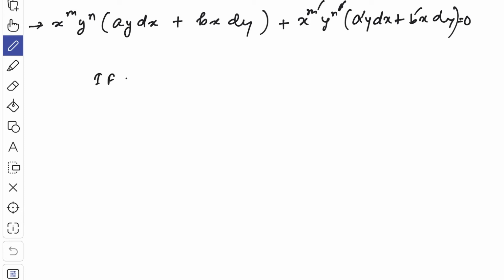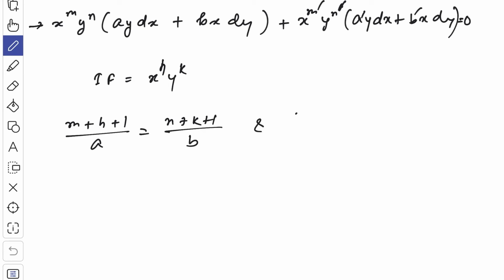First, again, we are going to find the integrating factor, and here the integrating factor will be x to the power h into y to the power k, where h and k are such values that the following equations are satisfied. m plus h plus 1 by a is equal to n plus k plus 1 by b, and one more condition, m dash plus h plus 1 by a dash is equal to n dash plus k plus 1 by b dash.